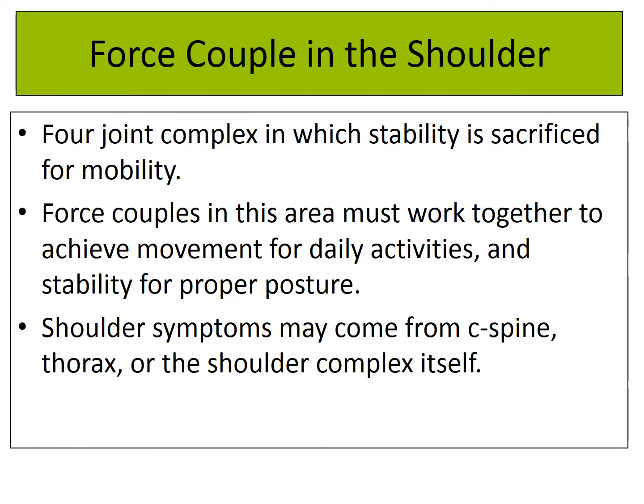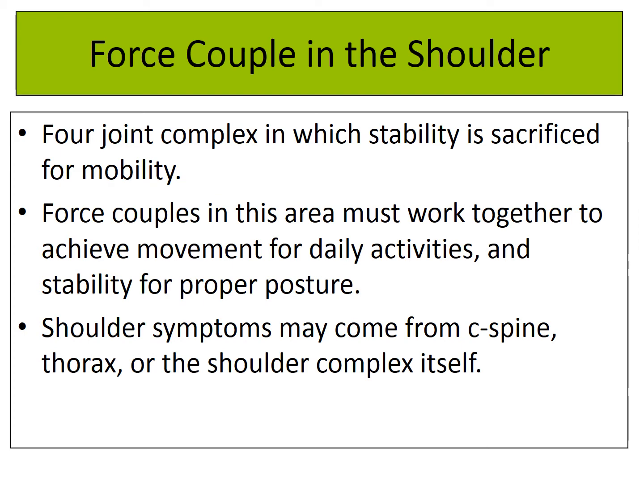Since the shoulder complex is four joints that work together to provide the mobility of the shoulder, there are groups of muscles that must work together to achieve these motions. And these muscles will attach on the spine, scapula, and the shoulder joint. And so that's why a lot of times when our patients have symptoms or pain with shoulder movement, and we think about looking at the glenohumeral joint, the origin of the pain could actually be coming from the cervical spine because of muscle attachments to the cervical spine.